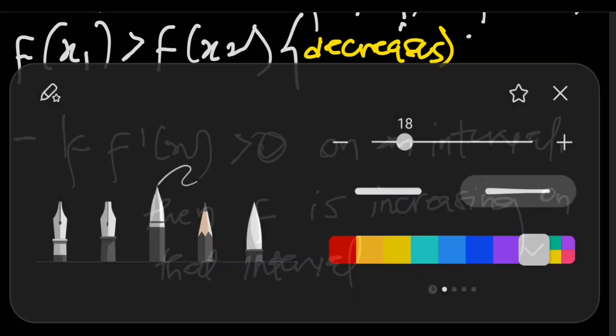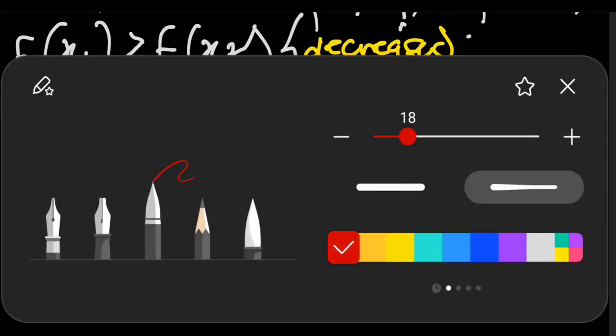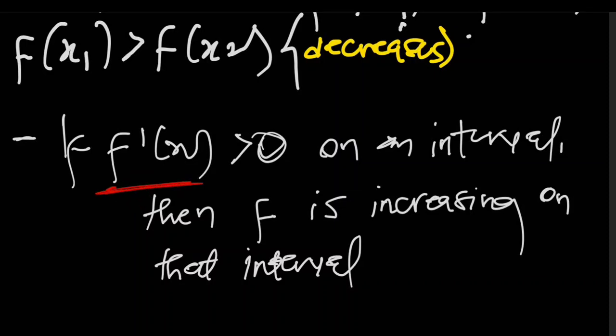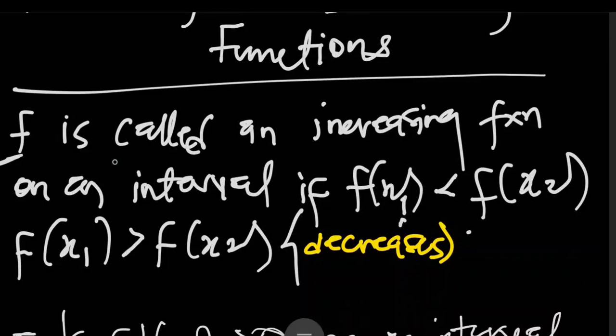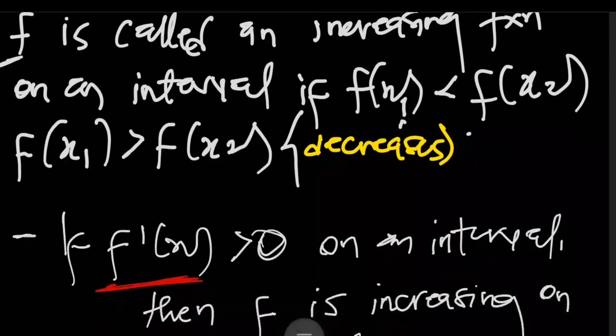You have to realize that this is different. This is the derivative of a function, so it is different from a normal function. For a normal function, we said that for the function to be increasing, the function of x1 is less than the function of any larger number.